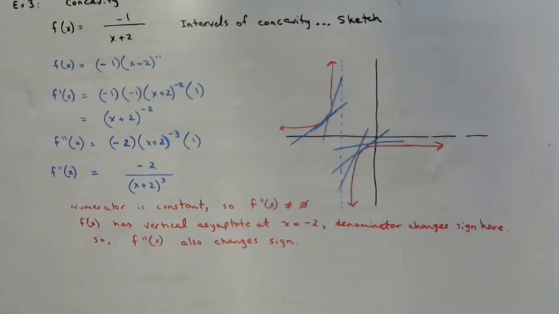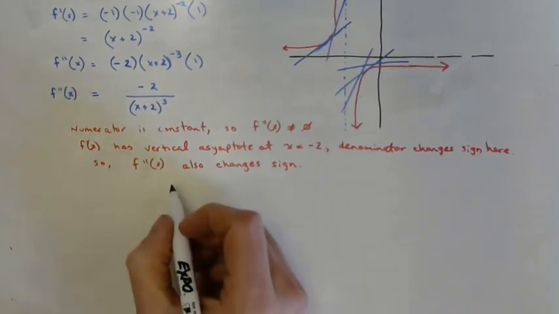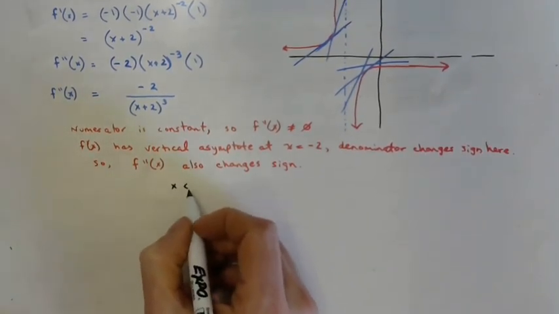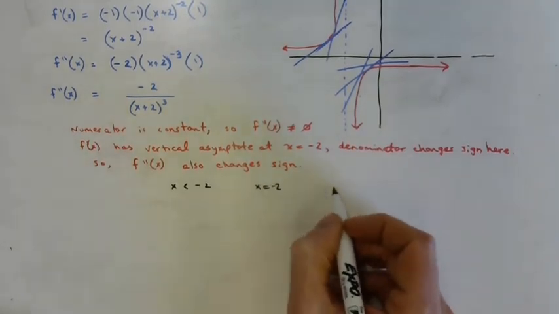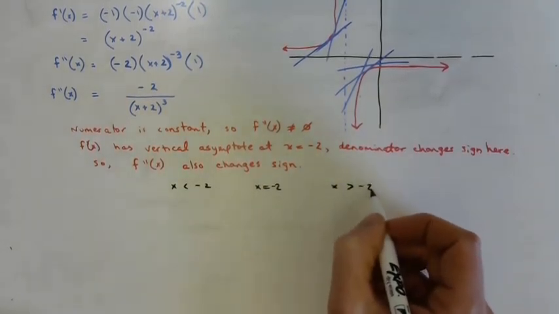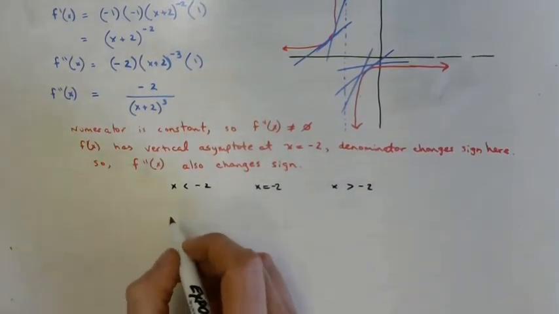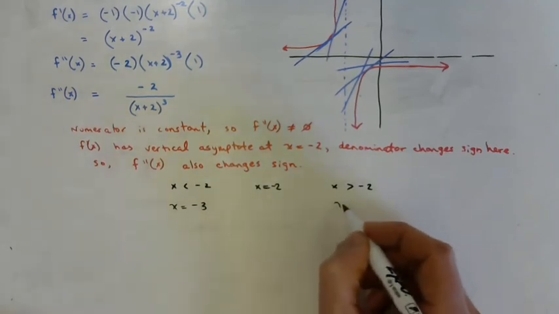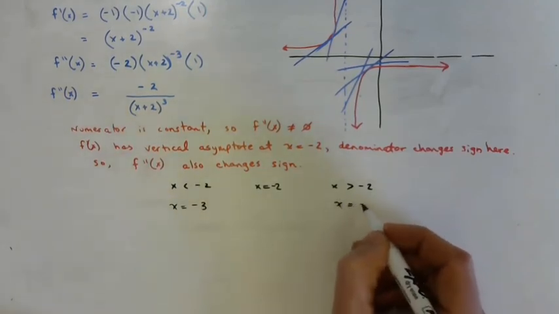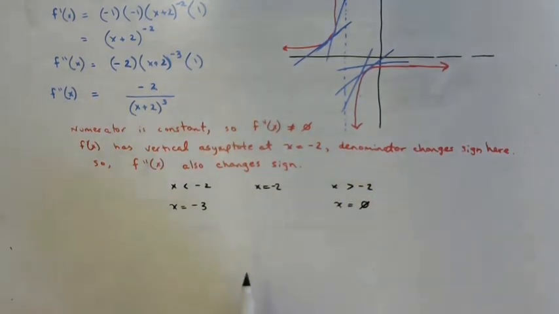And we can say the same thing by using a little table quickly, like we've done in the other ones. If we have intervals, we have to the left of -2, we have x equals -2, and we have x to the right of -2. And we can take a test value, let's say x equals -3, and to the right, we could say x equals -1, or you could even make it easier and take x equals 0.